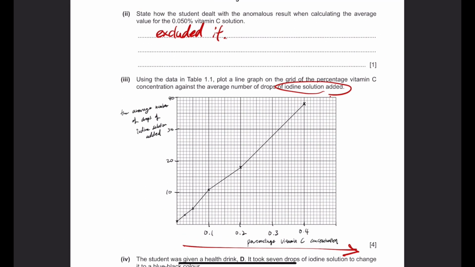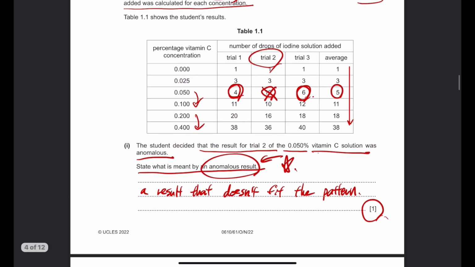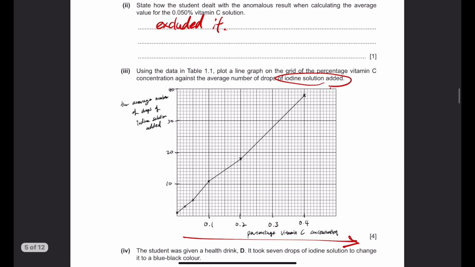So you don't actually have to use the whole grid. You can just use the majority of the space in the grid. Since the last value is 0.4, I'm just going to use 4 sections, like 1, 2, 3, 4 sections.